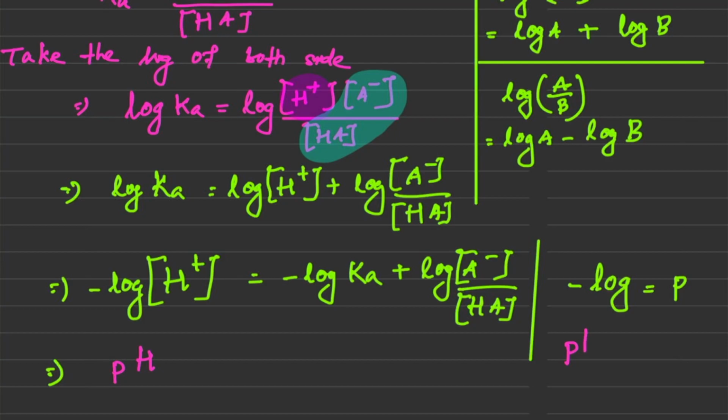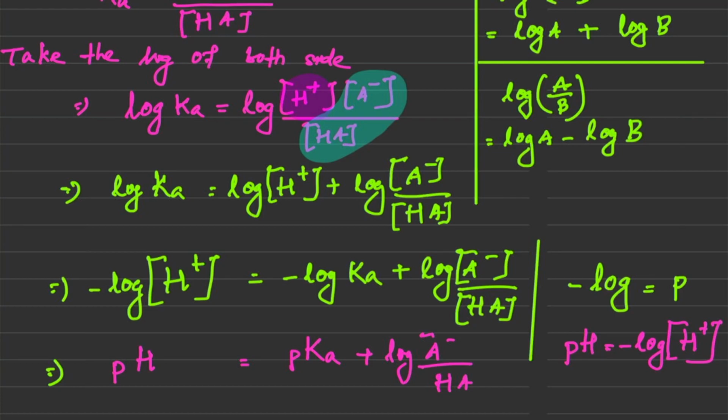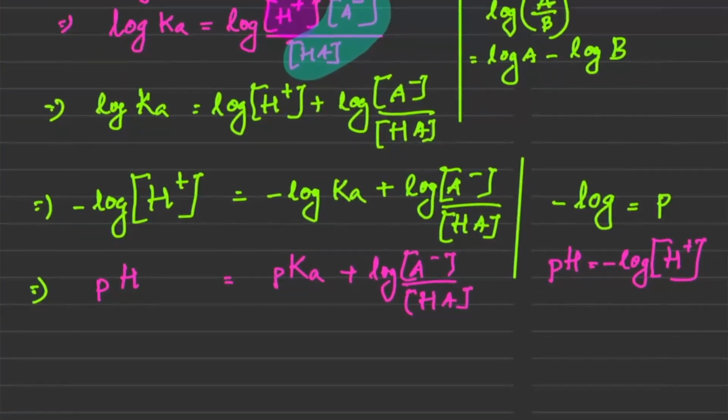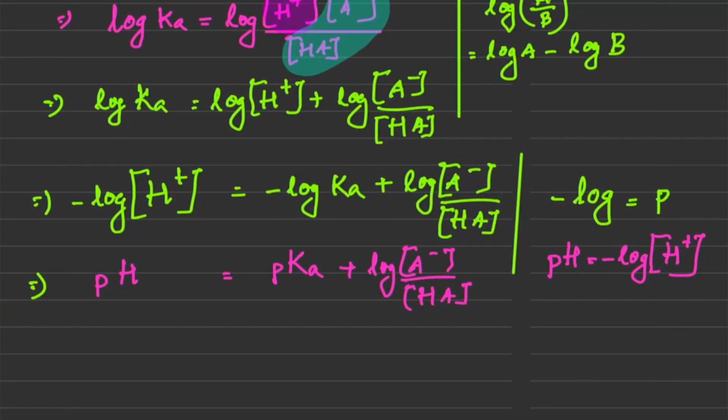So pH basically means the negative log of the hydrogen ion concentration. And again, negative log of Ka would be pKa, plus log of A- by HA. So that's the definition of the Henderson-Hasselbalch equation: pH equals pKa plus log of A- by HA.